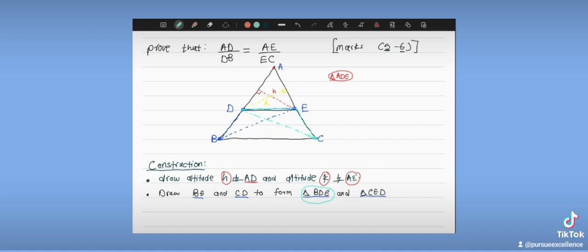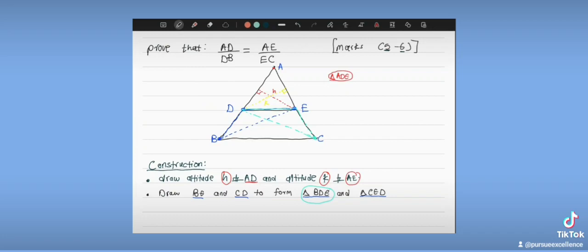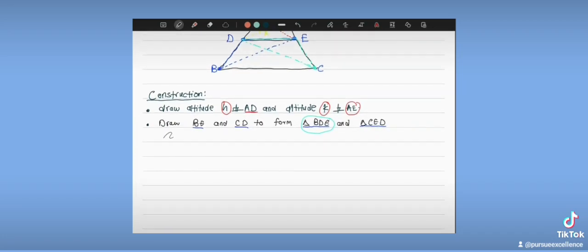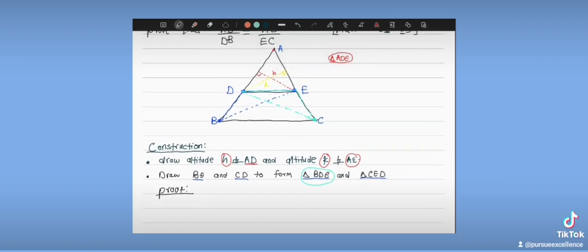Now I have to apply the proof in detail. Let's go and do the proof. To prove this, you need to select the triangles that you're going to use.